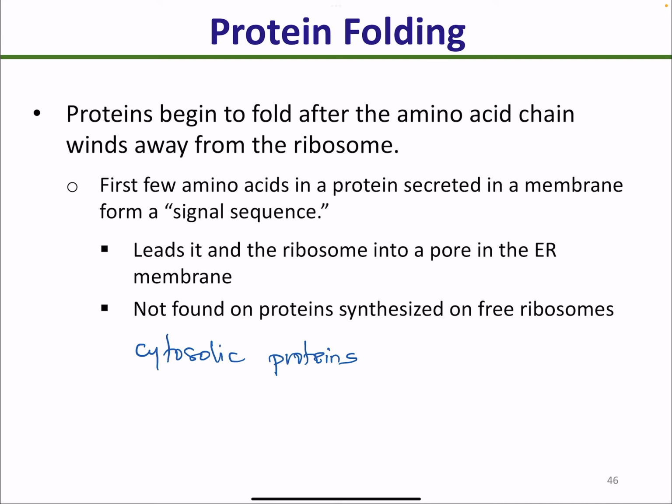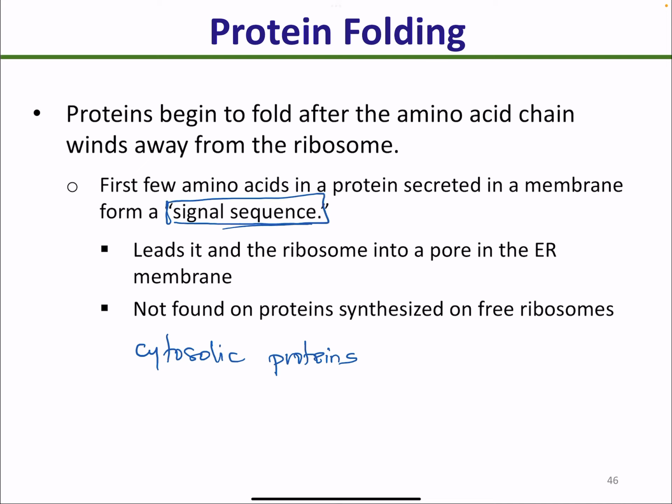And then you have non-cytosolic proteins, meaning these proteins are produced, but they are not designed to stay in the cytosol. Now, the proteins that stay in the cytosol do not have what we call a signal sequence. Any non-cytosolic protein has what we call a signal sequence.